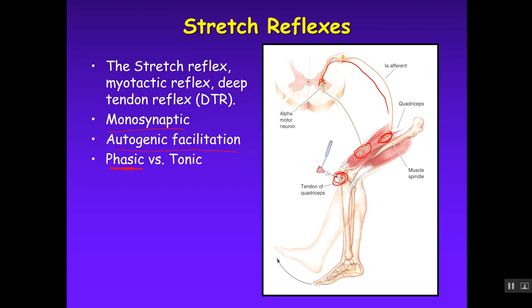That's why you can generate more force with an eccentric contraction than with a concentric contraction. When you're doing a concentric contraction, your muscle's shortening and the muscle spindle's shortening too. So it still sends some signal, but it's less robust than if you're lengthening your muscle and contracting it, and the muscle spindle's also lengthening. It tends to be more facilitatory back to the muscle.